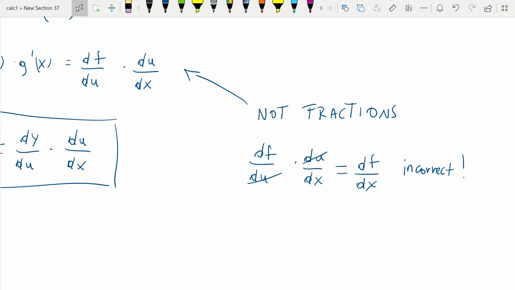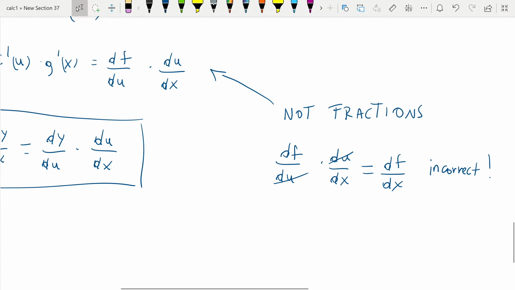So for instance, if I ask you during an exam what do I get when I simplify the du's here, and you tell me df dx, that will be incorrect. The correct answer should be that you can't simplify the du's.